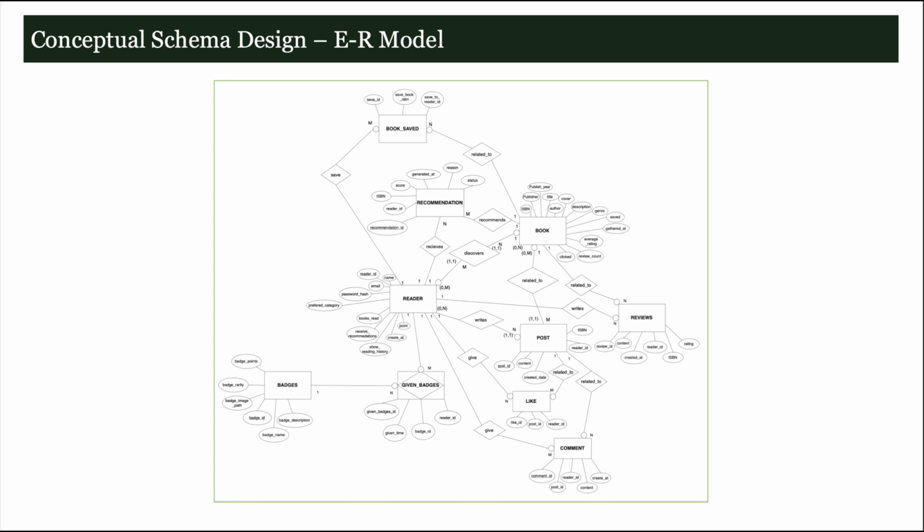Posts can receive likes and comments, each captured in dedicated relation tables. Finally, the given badges junction table connects readers to the badge catalog, recording exactly when each achievement was earned. Let's now translate this conceptual model into a concrete relational schema.